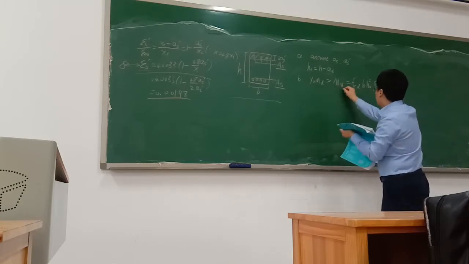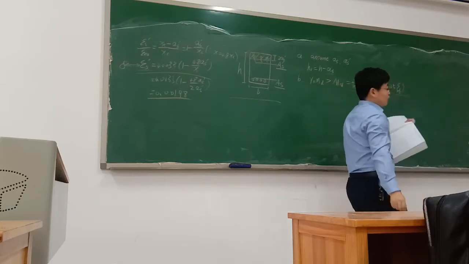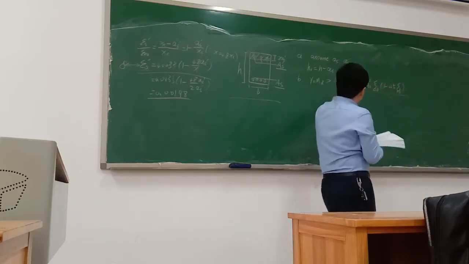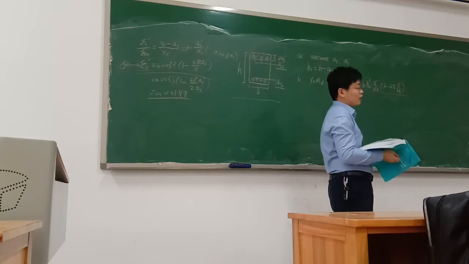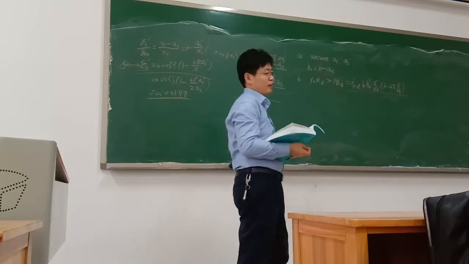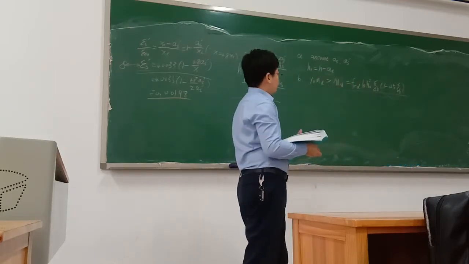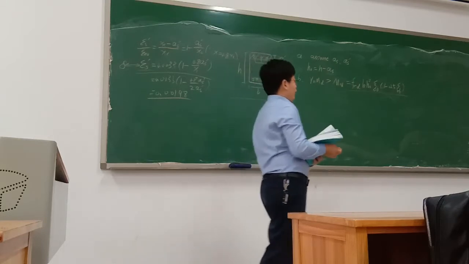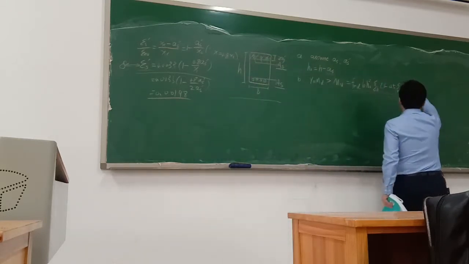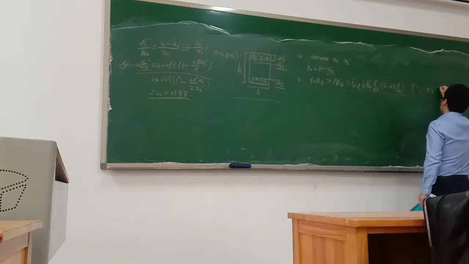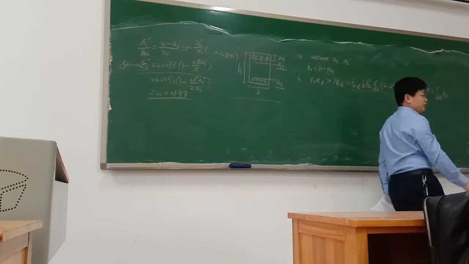So how did we get this equation? Why is MU equal to this? Actually, X equals CB H0. This is the boundary condition.